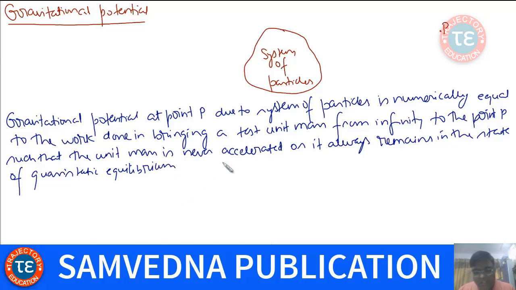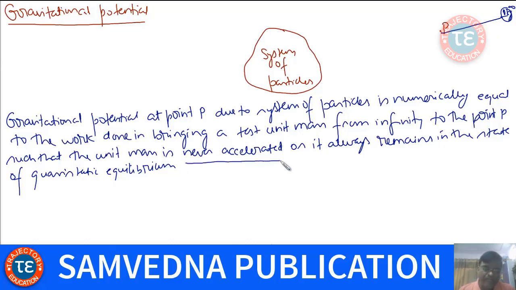It only remains in the state of quasi-static equilibrium, right? It means if you want to find gravitational potential at point P, then the gravitational potential at point P is equal to the work done in bringing a 1 kg mass from infinity to this point P such that this 1 kg mass is never accelerated. It must always remain in the state of quasi-static equilibrium.